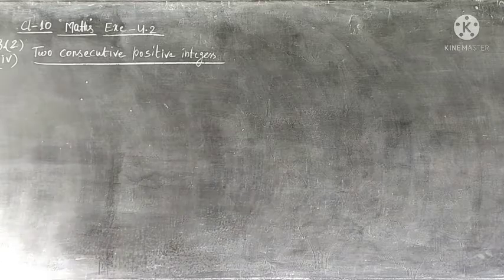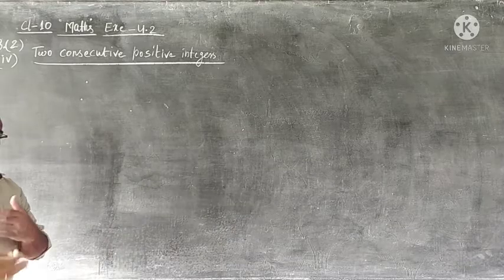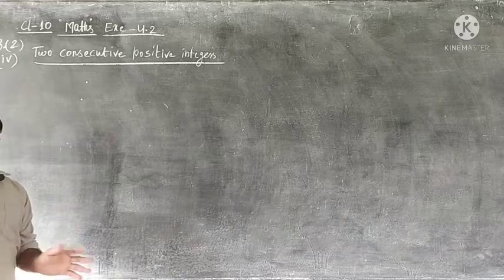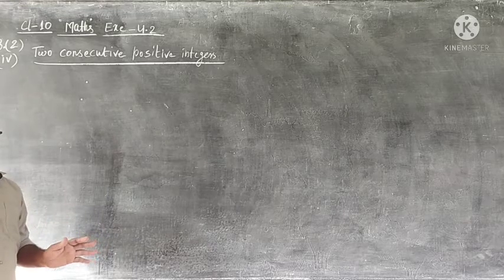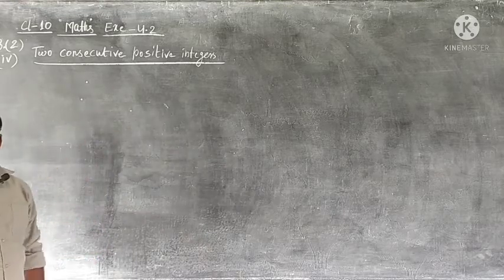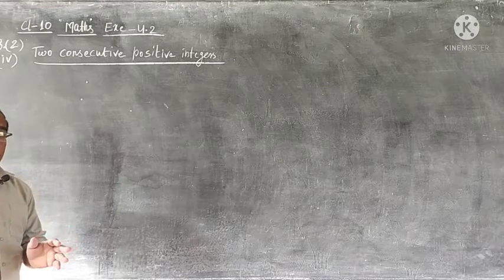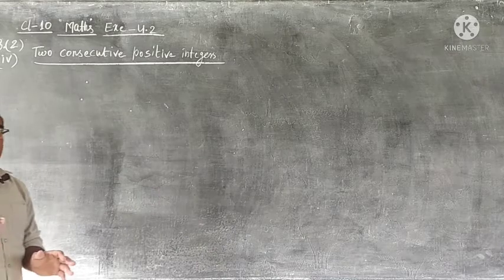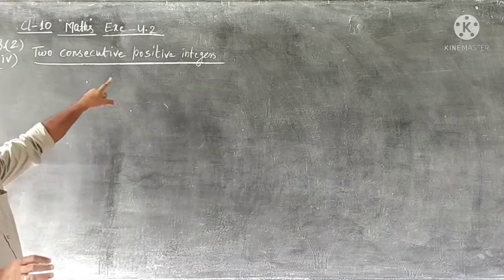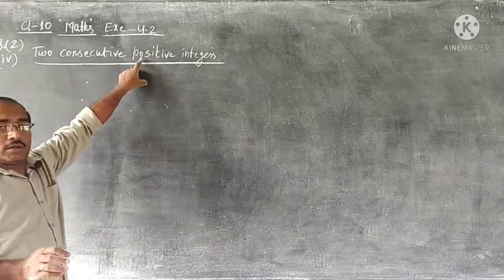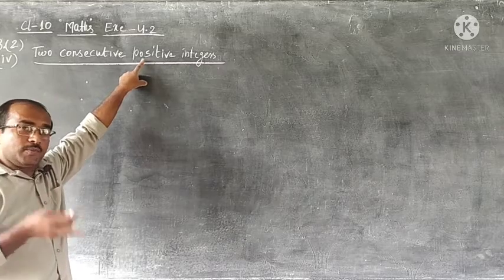Consecutive means the two numbers which come just before and after are consecutive numbers. But here they are positive, that means we have to find positive numbers, not negative. From the start, our mind must get this point: the numbers are consecutive and positive.